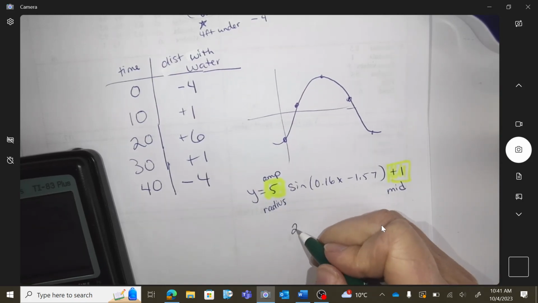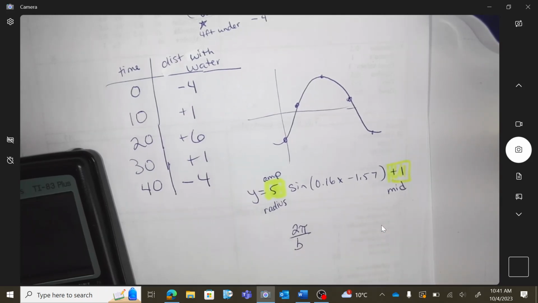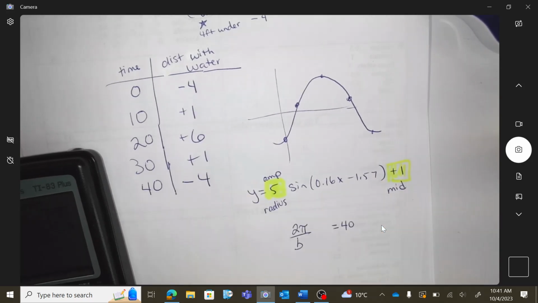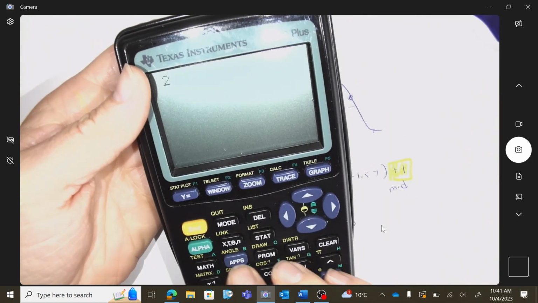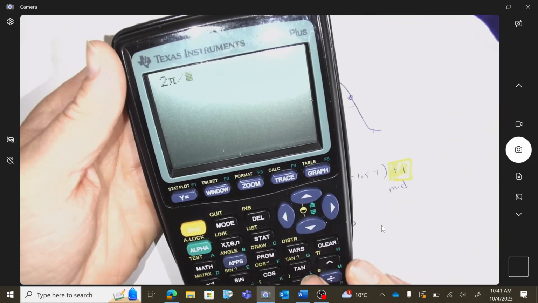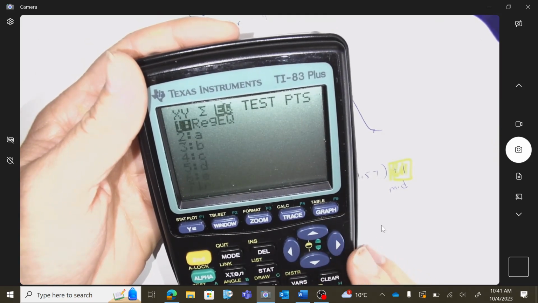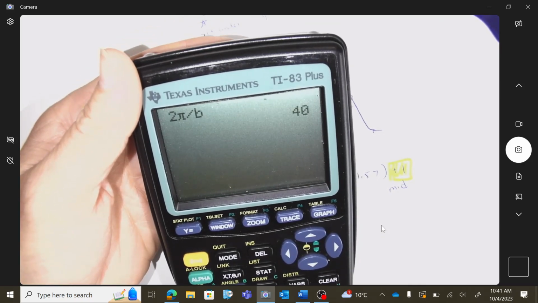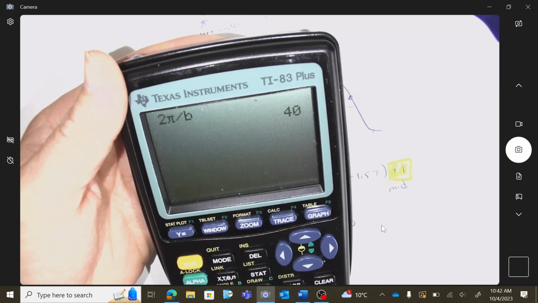Can you test 2 pi over your B number? It should be 40. So 2 pi divided by, copy paste the B, and it should be 40. Yep, it's telling me it takes 40 seconds to go around the cycle.